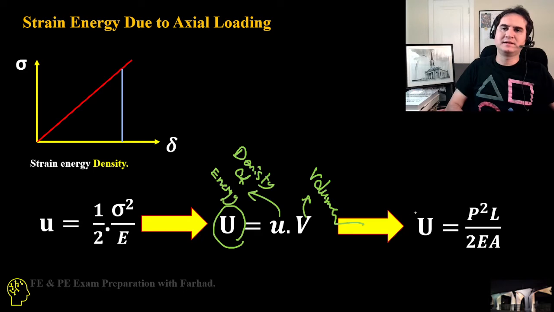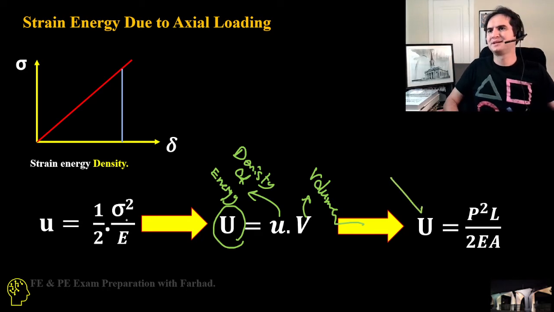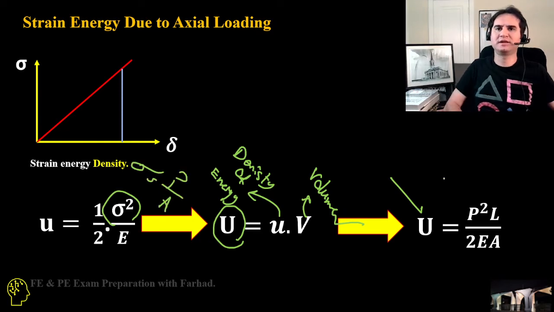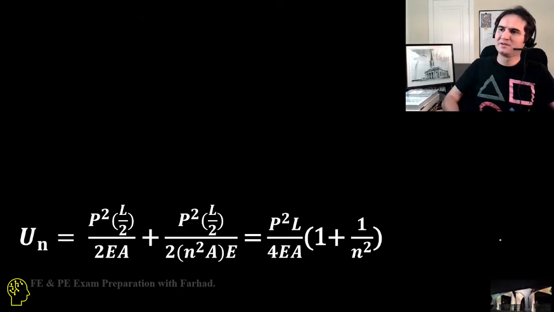Then U capital, if you replace sigma, which is force over area, you can show the strain energy in terms of force as well. So that's P squared times length of your shaft over 2 times E times area.